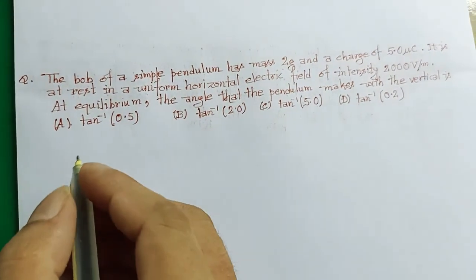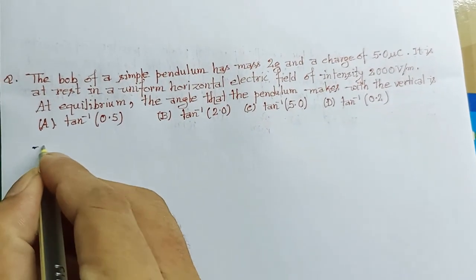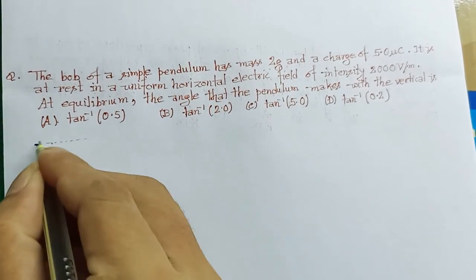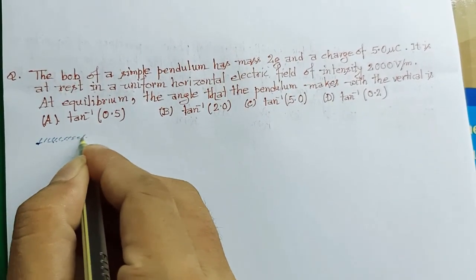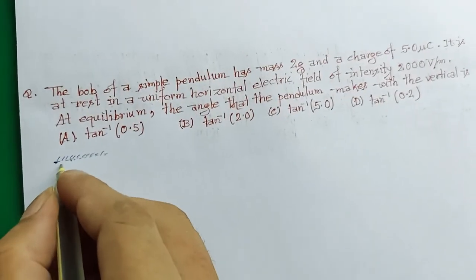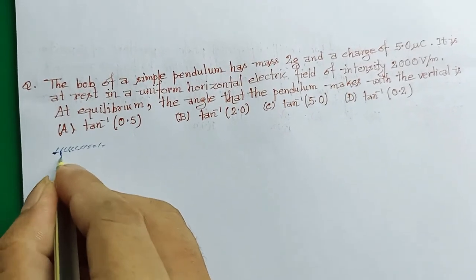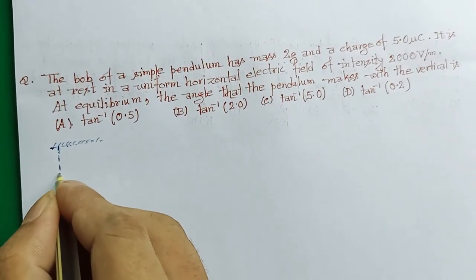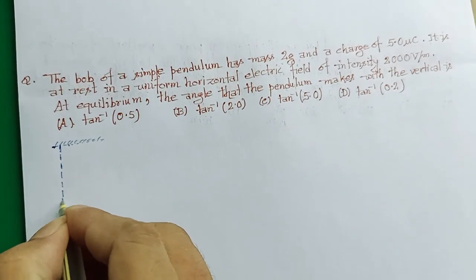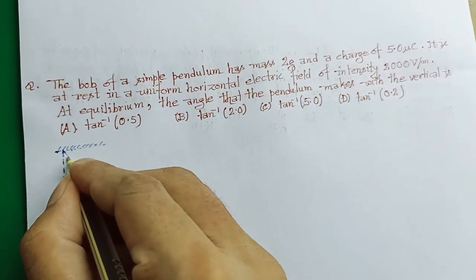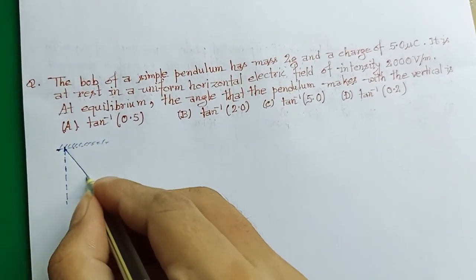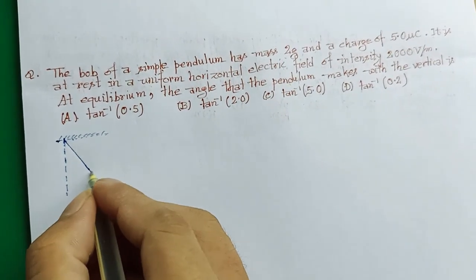So for solving this question, this is the vertical line and a pendulum is hanging at some angle with the vertical line.